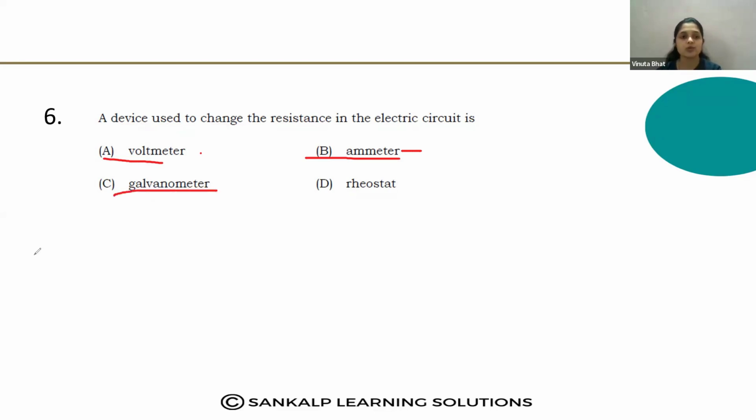Galvanometer is also used in the electric circuit to determine the electric current. And the rheostat is used to change the resistance. So the device used to change the resistance is the rheostat. Option D is the correct answer, that is rheostat.